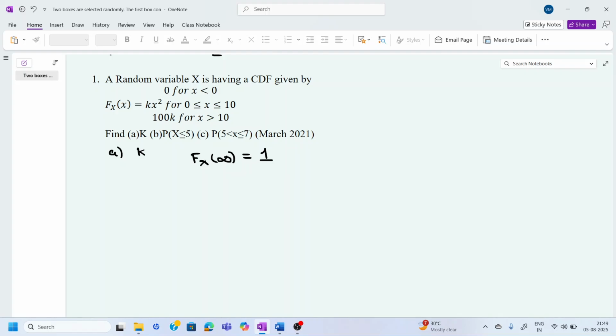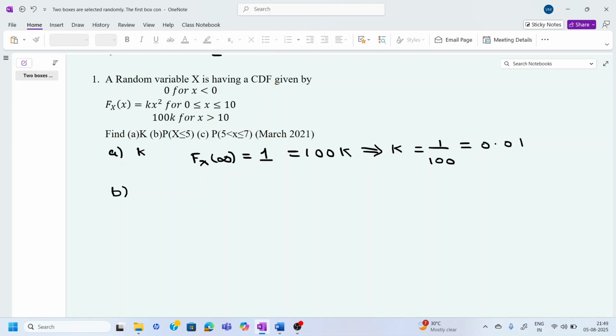We can substitute Fx of infinity as 100k because x equal to infinity is also included in the range x greater than 10. So using this property, Fx of infinity is equal to 1, that is equal to 100k. Taking the 100 to the other side, k is equal to 1 by 100, which is nothing but 0.01. So that is the constant value k.